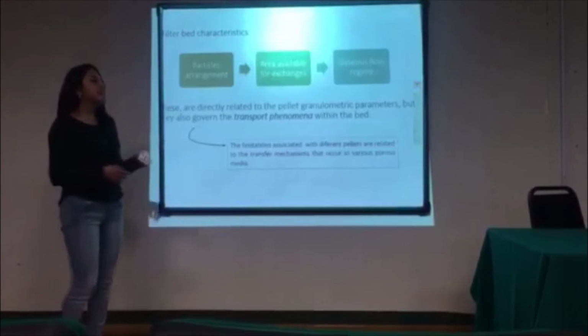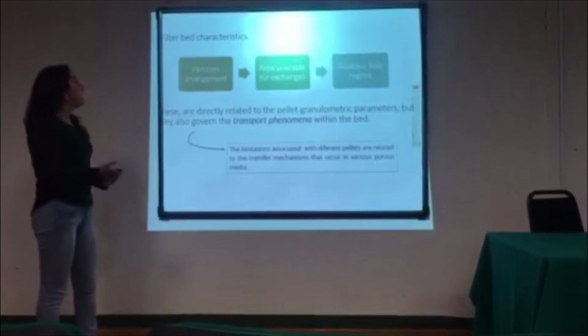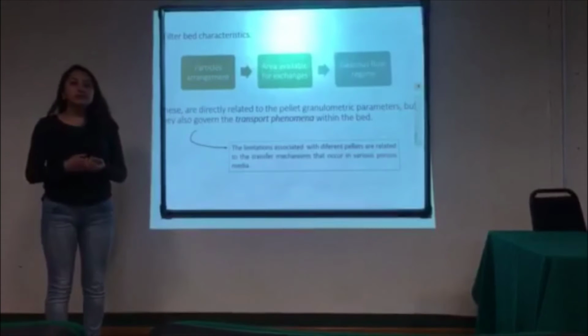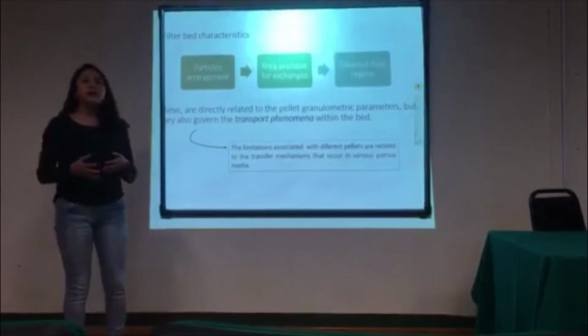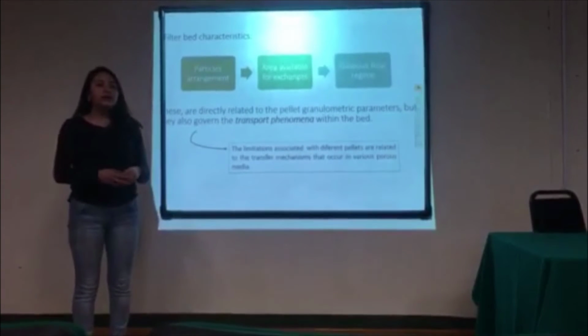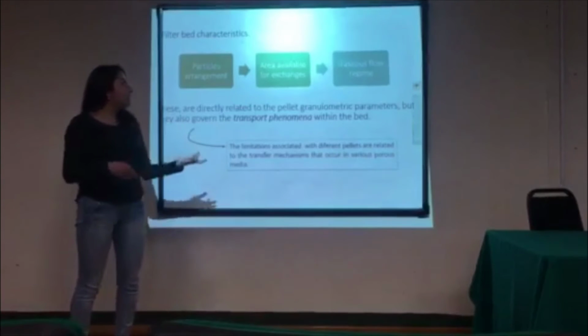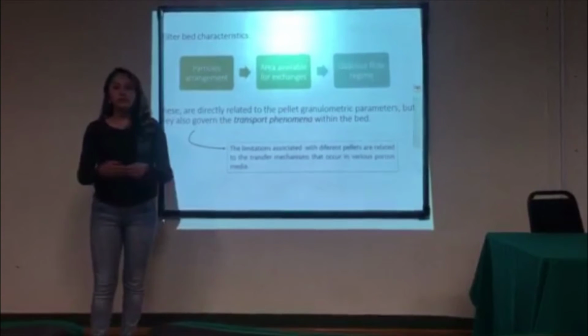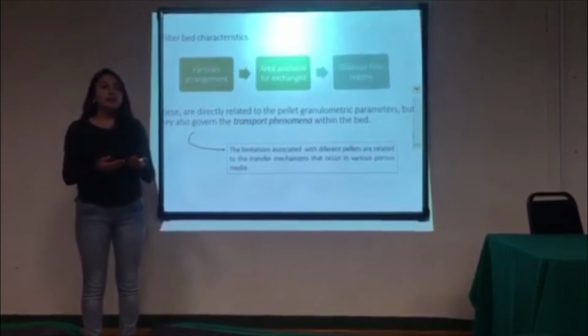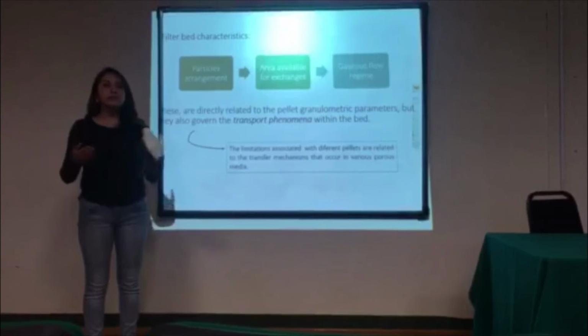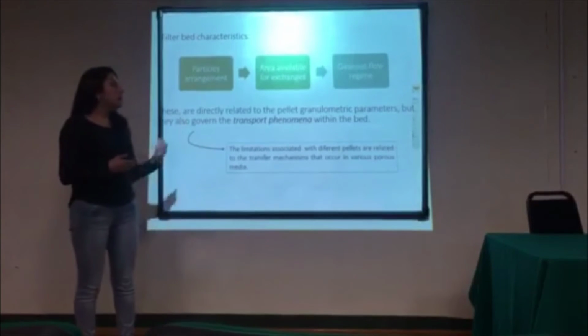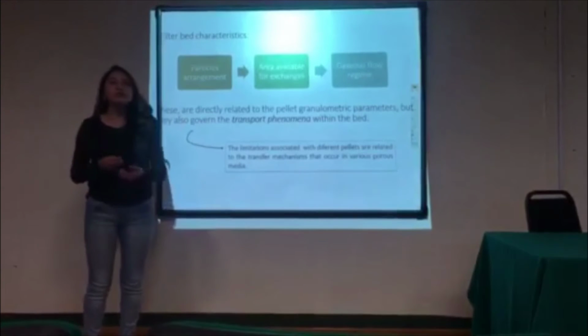And then there are some characteristics that are needed in this process. These characteristics include three. The first one is the particle arrangement. We cannot just say it's okay like that; we need to have some arrangement. Then we have the area available for exchanges. We need some surface for this to happen. And finally, the gas flow regime.